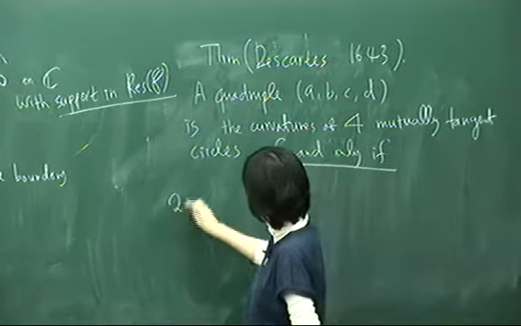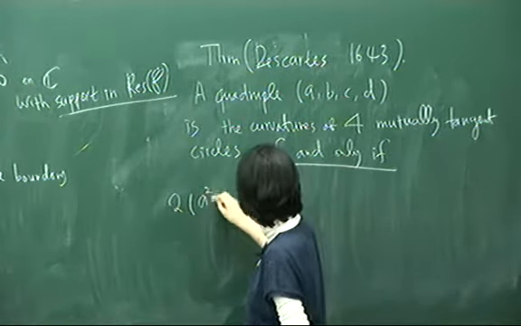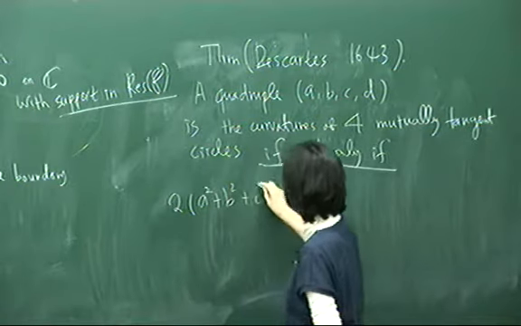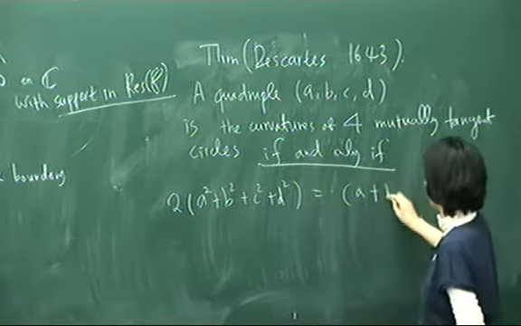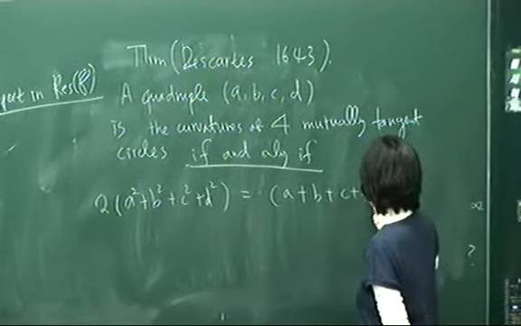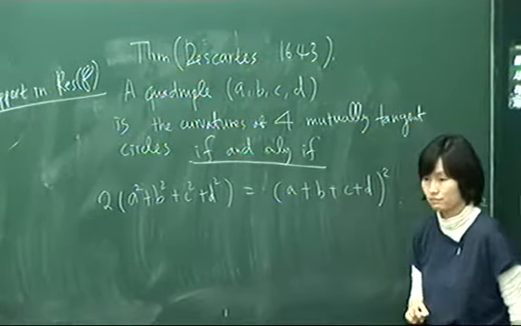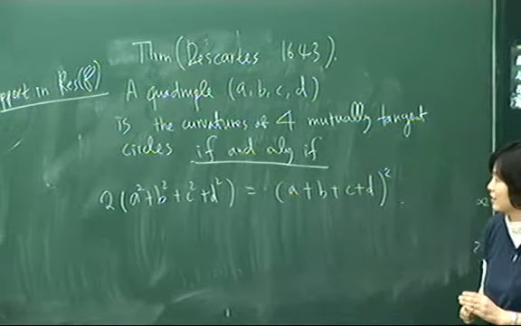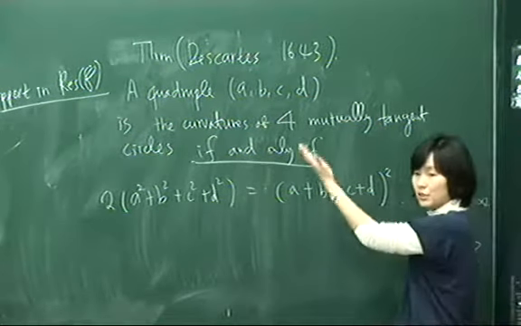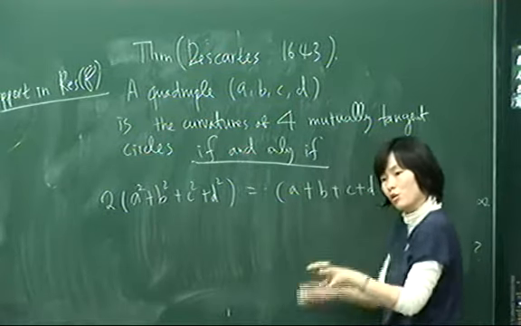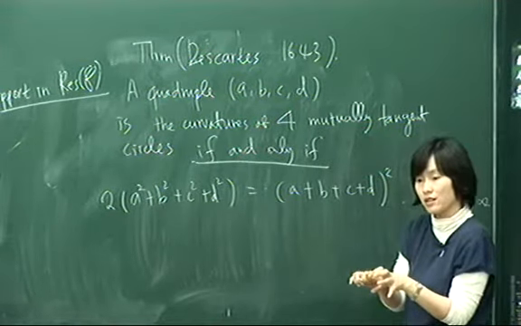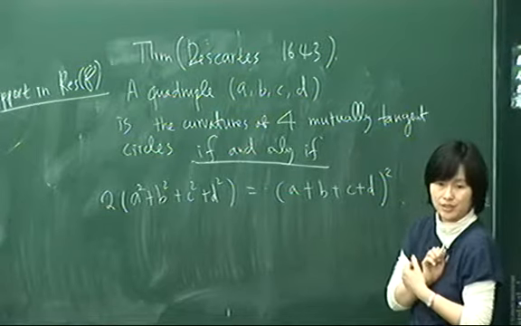A very simple quadratic equation. So for a given quadruple A, B, C, D, as long as it satisfies this quadratic equation, we can draw 4 mutually tangent circles exactly with these given curvatures.